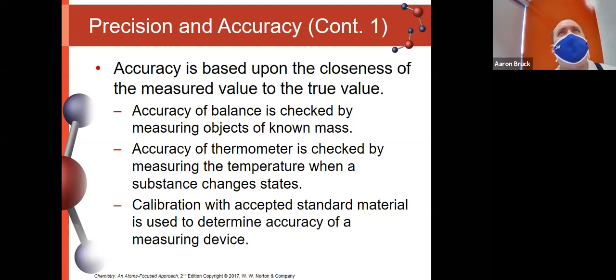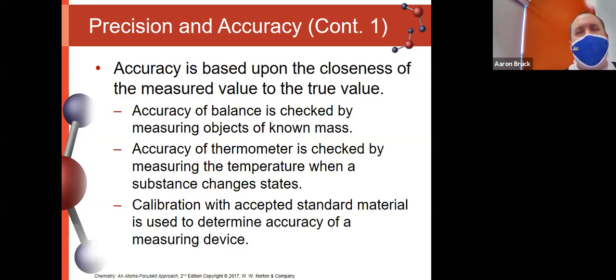What you did yesterday as a test of that was in activity 3, where you measured the substance and looked at the real density of water. Here's the mass. This is how much volume is actually in there. This is how much volume I said was in there. How close are those two values to each other?